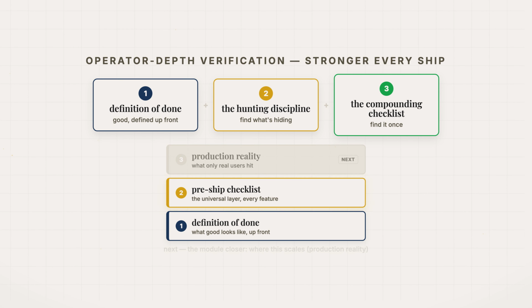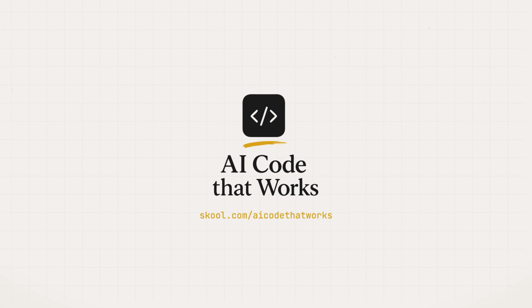Together, that's a verification practice that gets stronger every time you ship, instead of one that starts from zero on every project. Next lesson closes the module, and it names where this goes when you're ready to push past doing it all by hand. The tools that watch production for you, run real browser checks for you, and catch the bugs that only show up once real people are using the thing. I'll see you there.